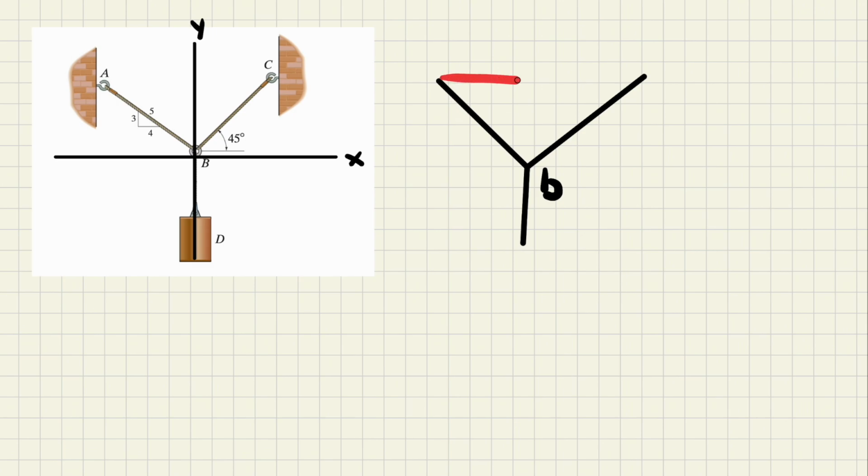It goes in the negative x direction, so the tension of A in the x direction is negative because it's on this side. And then I have the tension in the y direction, which is positive because it's in the positive y. If it was down here, it would be negative, but since it's up here, it's going to be positive.